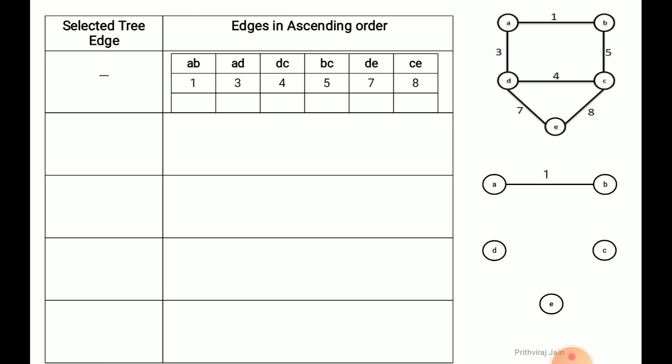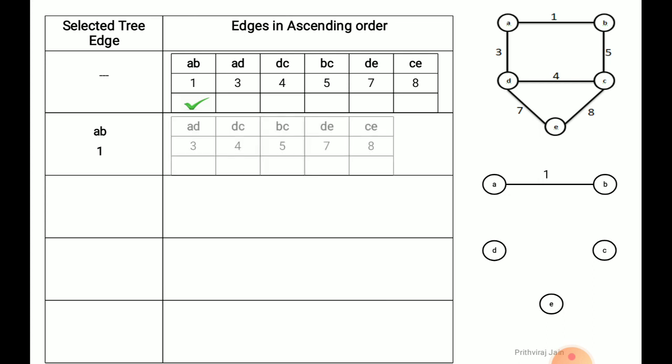Since it is the first edge we have chosen, it will not form any cycle, so we can select this edge. That is our first selected edge, and then in the next iteration we write down the remaining edges.